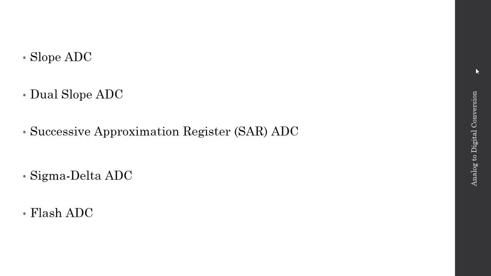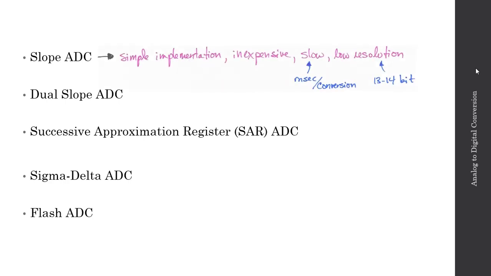So these conversions are dependent on the type of ADC that is used, and their construction can vary depending on the components used all the way down to the integrated circuit level. The most common ADCs you'll find on microcontrollers are going to be the slope ADC or the SAR ADC, the successive approximation register ADC. The slope ADCs and the dual slope ADCs, which is a version of the slope ADC, are a very simple implementation.